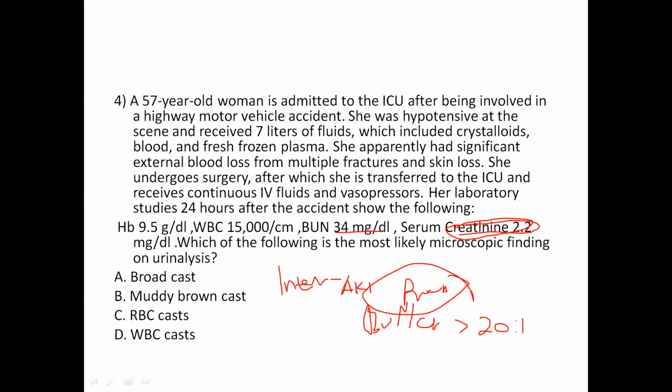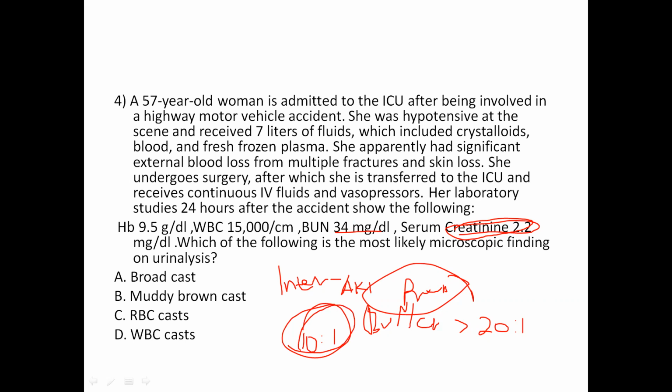In post-renal and intrarenal AKI, the ratio becomes less than 10 to 1. This patient has BUN 34 and creatinine 2.4, which is around here. So it is intrarenal or post-renal AKI.